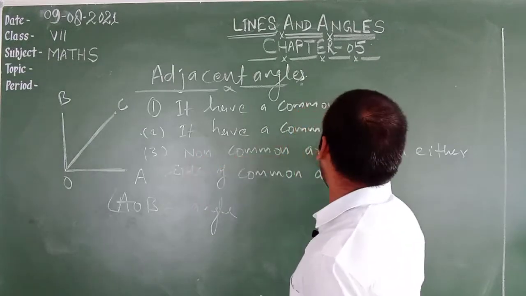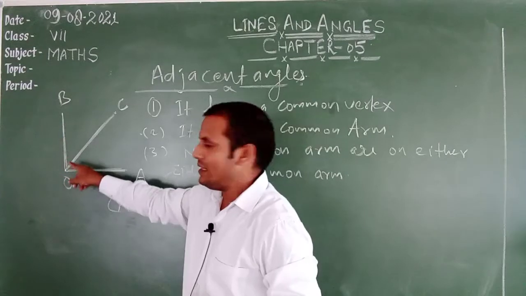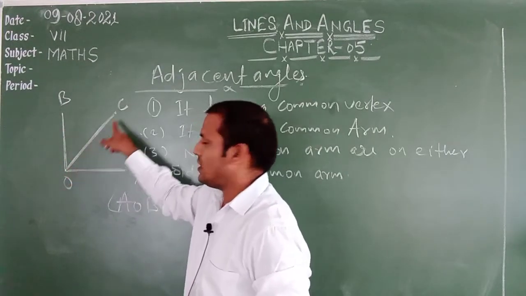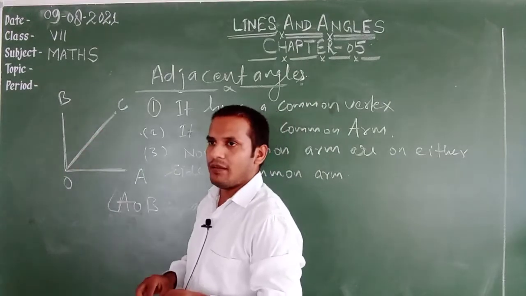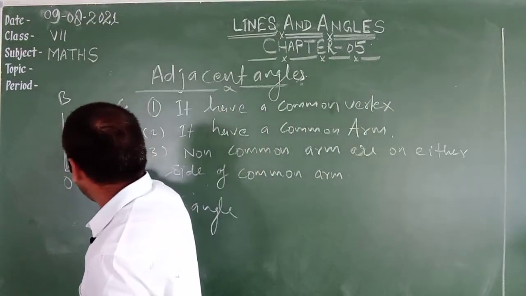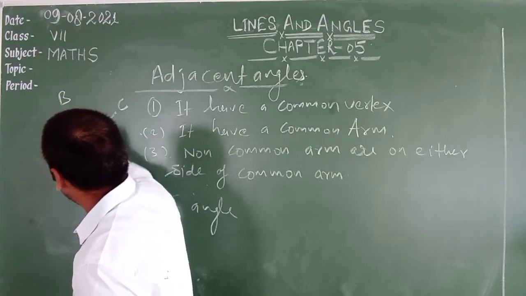Second, it has a common arm. OA and OB are arms, and OC is the common arm, because suppose this one is angle 1 and this one is angle 2.